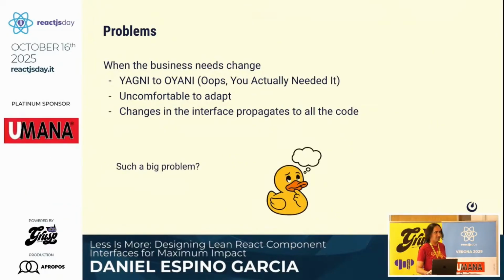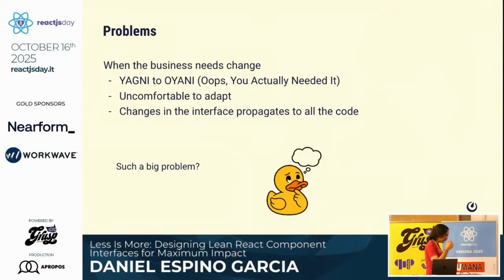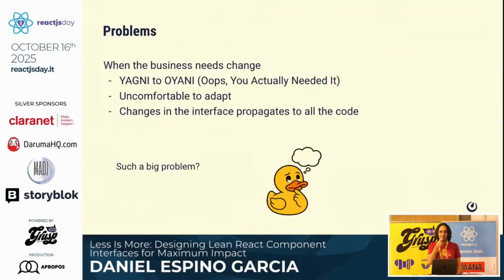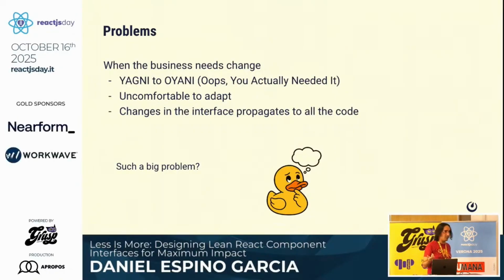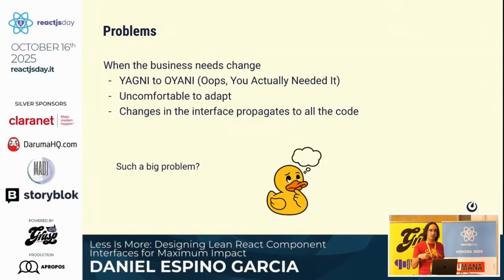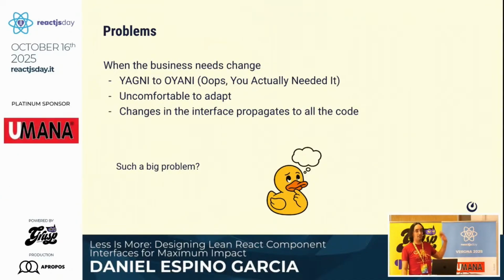But are they such a big problem? Think about it. First of all, what I was saying, the Jagnis and the Oyanis, all the time you save not doing things that you don't need. Yeah, sometimes you get frustrated and actually needed that, but you save a lot of time. They are uncomfortable to adapt, but how many times has it beaten you doing the quick, easy thing? Like you say, okay, I need this button to be green.